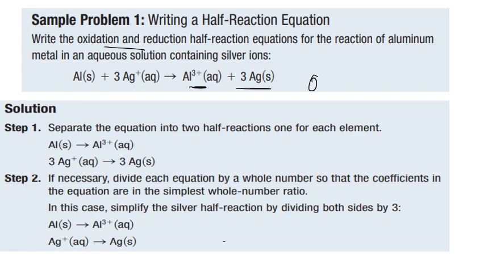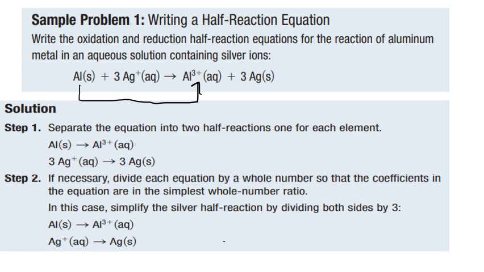So first we have to identify who out of aluminium and silver is undergoing oxidation and who is undergoing reduction. So let's first try to concentrate on aluminium's journey. So aluminium started as a neutral atom, but it is ending as aluminium 3 plus, right?